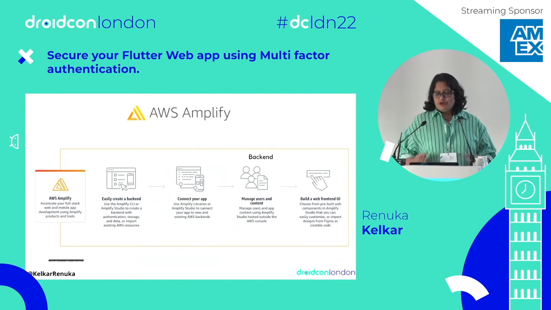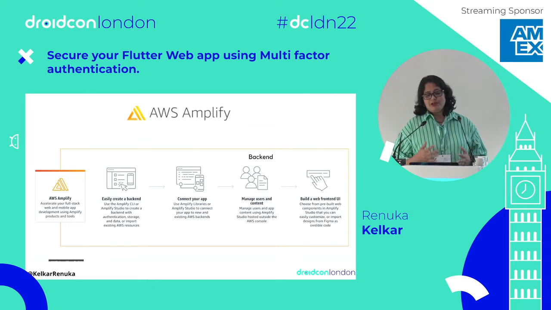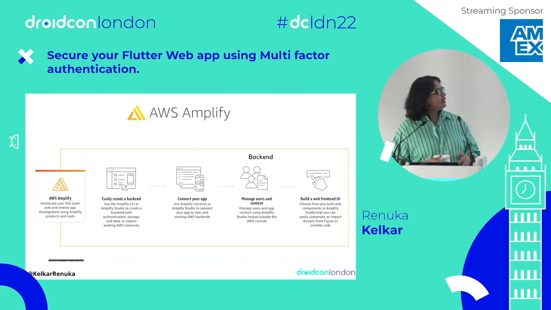The second thing I want to talk about here is AWS Amplify. So what is AWS Amplify? AWS Amplify is a complete solution for any development, like front end, web, mobile, Flutter, Android, anything, where you can build, deploy, and host everything in an easy way, like a full stack application with AWS.